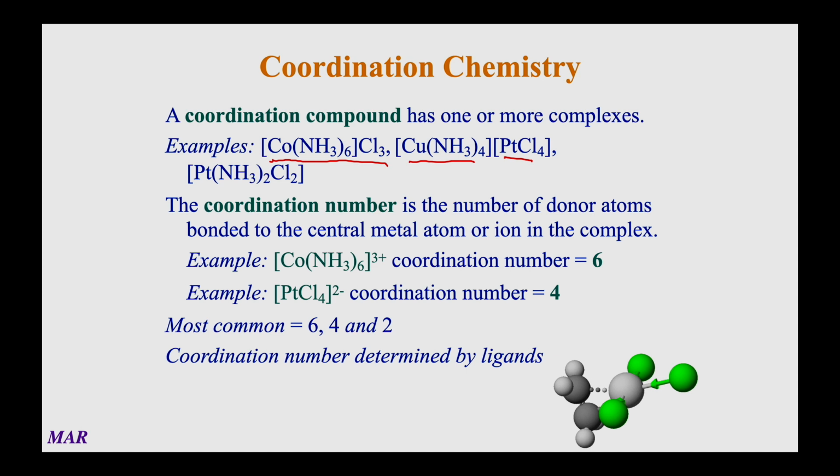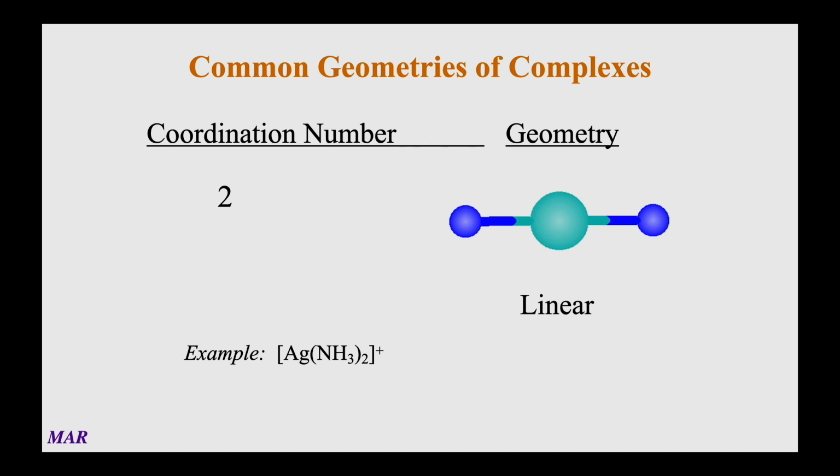Most common definitely are 6, 4, sometimes 2. You can have different numbers. You can have bigger than 6, especially with lanthanides and actinides. But most of the time for transition metals, 6 and 4 are very common, and sometimes 2. If you have a coordination number of 2, then the pieces that connect to the central atom, like with Lewis structures in Chem 222, usually want to be as far apart from each other as they can.